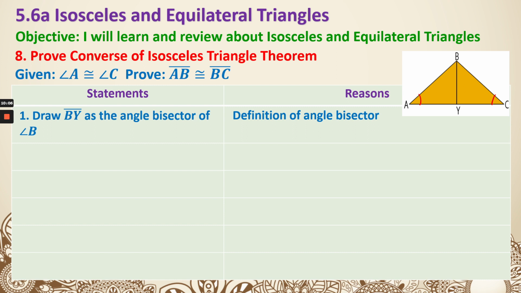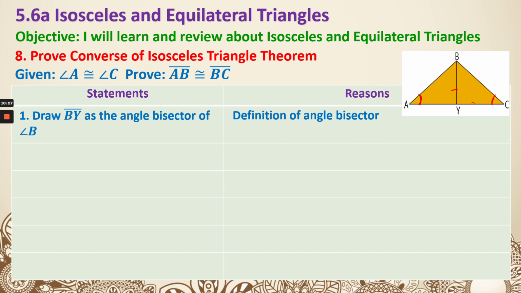So BY is the angle bisector of angle B. After that, we know angle ABY is congruent to CBY. These two angles I just labeled. That's by the definition of angle bisector. Next, we know angle A and angle C are congruent. That is given. So now we have two pairs of angles. We need a side.